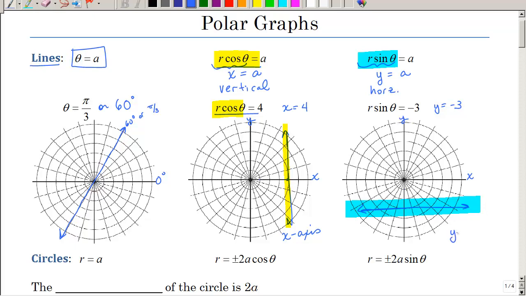It's symmetrical with respect to the y-axis. You're going to see that as a pattern. Sine goes with y, usually symmetrical with respect to the y-axis. Same thing for cosine, goes with x, symmetrical with respect to the x-axis.